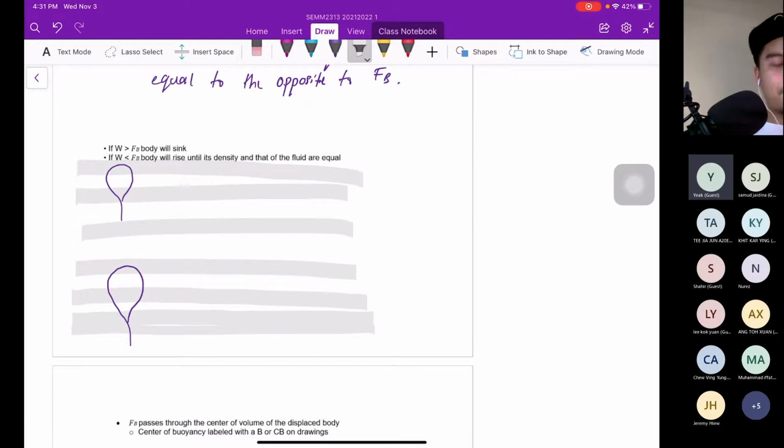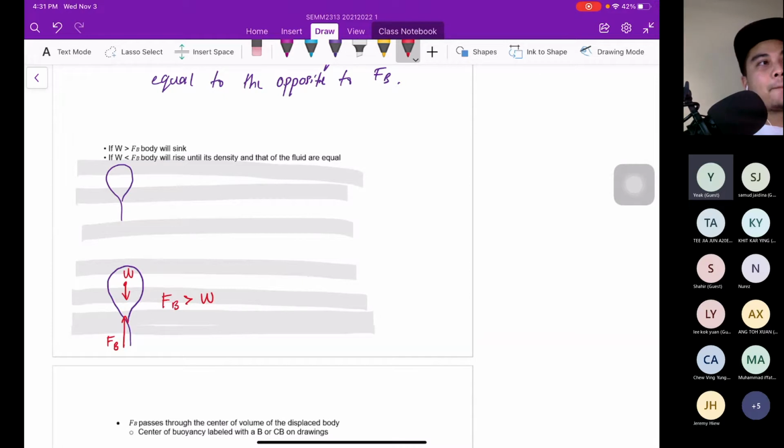So when you have the helium balloon, it has its weight, and then the balloon has the FB, the buoyancy force. The balloon will rise because the FB is more than the weight.